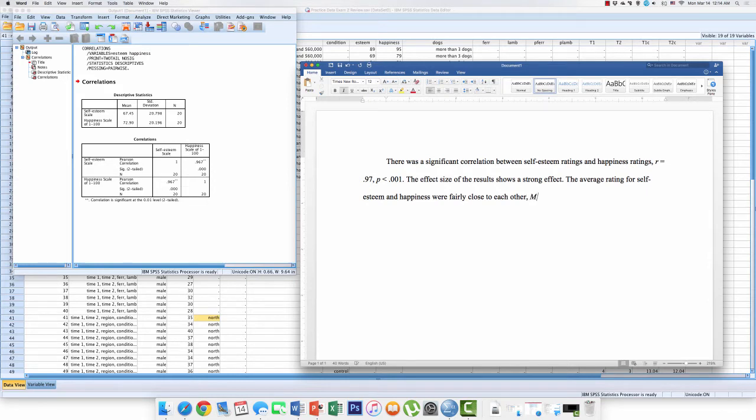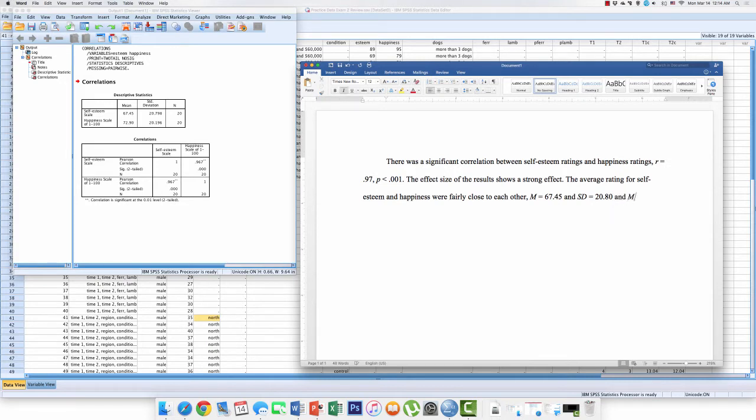You can do it this way: M equals 67.45 for self-esteem, and standard deviation equals 20.80.